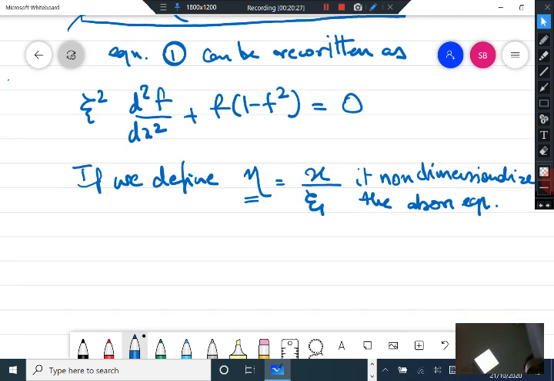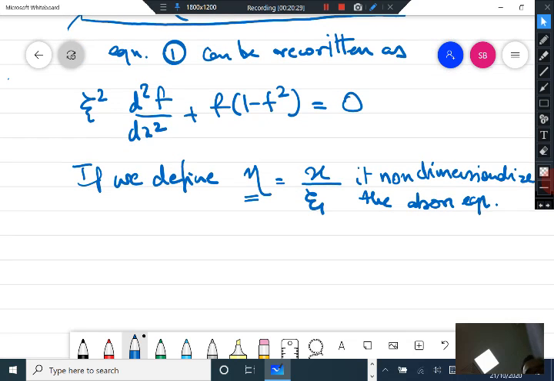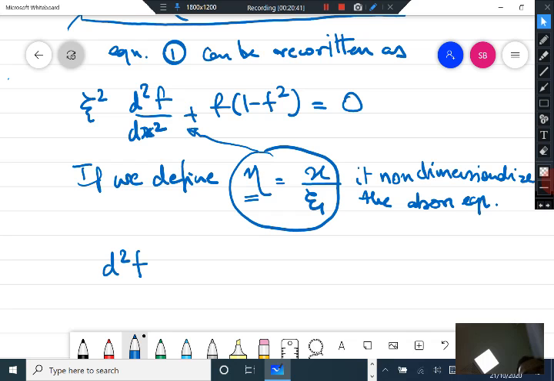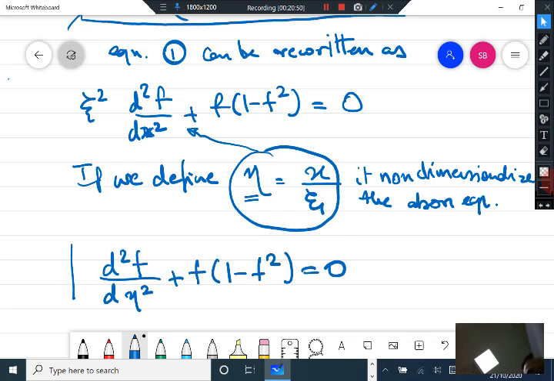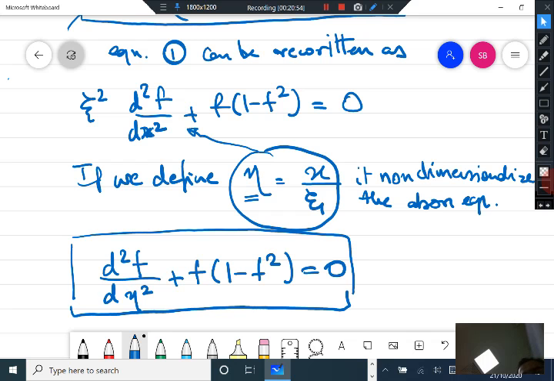If I substitute this into the above equation, I will end up with d square f by d eta square plus f into 1 minus f square is equal to 0.